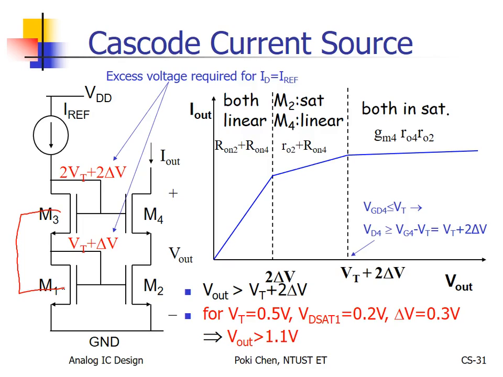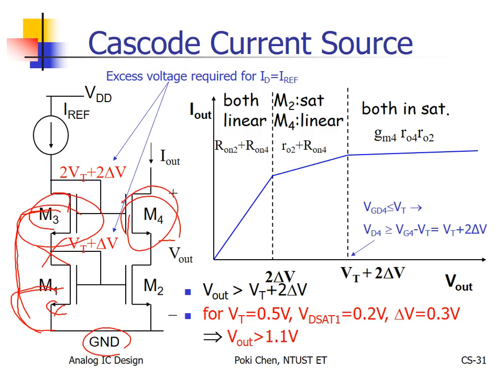Okay, so you have only one choice to connect it to the ground. That's it. So for M1, body and the source are all grounded, no body effect. But how about M3? No. The body is grounded, but the source cannot be grounded, right? You have body effect. I have body effect. So how to reduce the body effect if you are unhappy with that? Here.